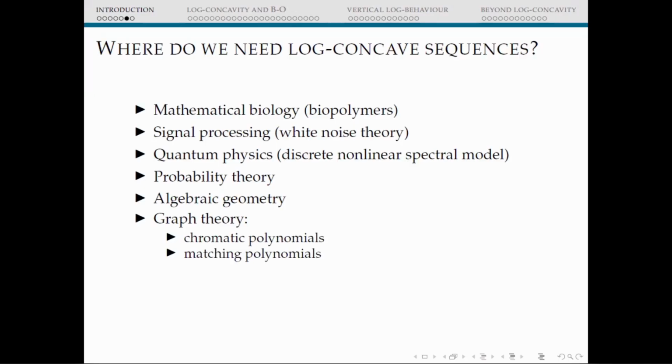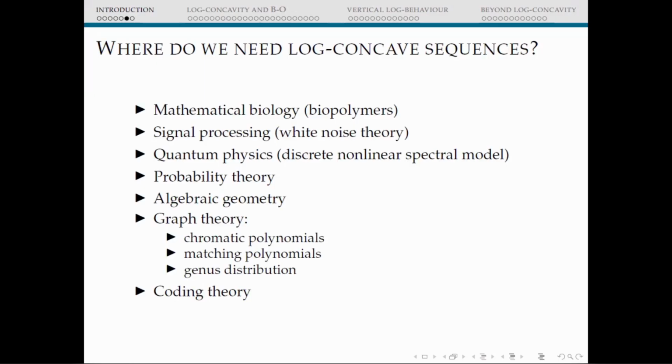There is also a result by Heilmann and Lieb, as far as I remember, related to matching polynomials and some Gaussian distribution. Also, it turns out that the log-concavity property appears in some coding theory. One can consider Hamming codes, and people use the log-concavity property to investigate these codes as well.